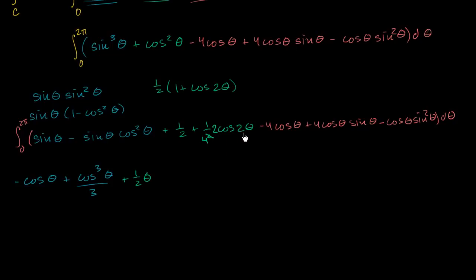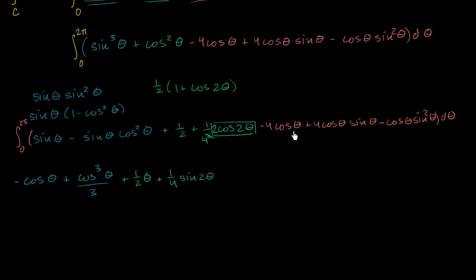But this is useful because now, the way I've written it here, we have the derivative of 2 theta right over here. And so we can just take the antiderivative of this whole thing, which is going to be sine of 2 theta. But we still have the 1/4 out there. So plus 1/4 sine of 2 theta.